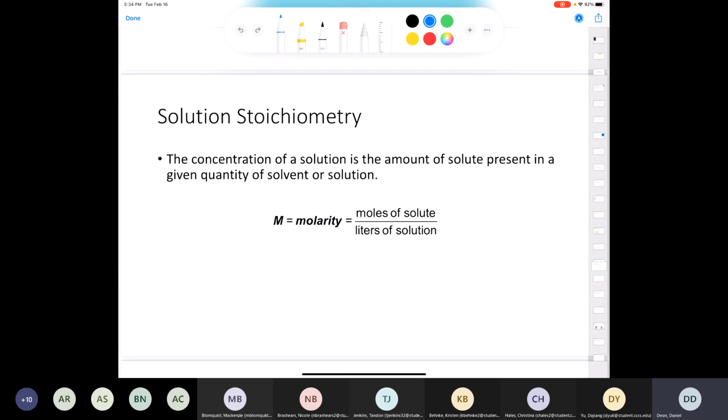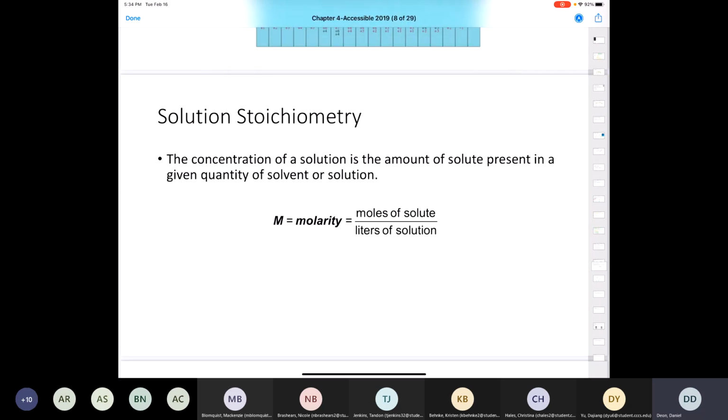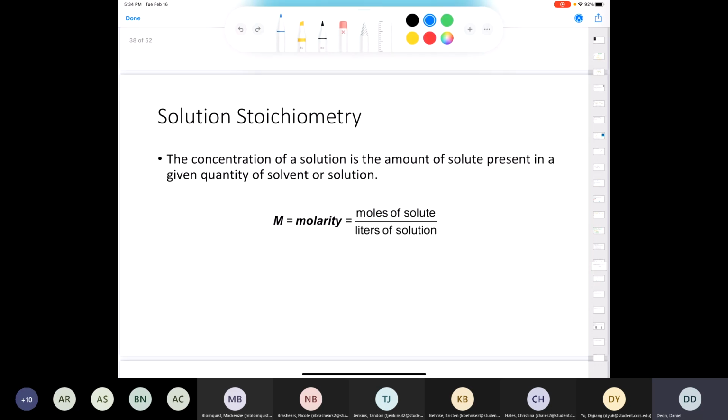We're concerned with really getting into the numbers associated with concentration. The way that we define concentration in chemistry is using molarity. For molarity, we use big M, so it's got to be an uppercase M, okay? Molarity, which describes the concentration of a solution in numerical form, is the moles of our solute, and we've looked at how to calculate moles already in this class, divided by the liters of solution.